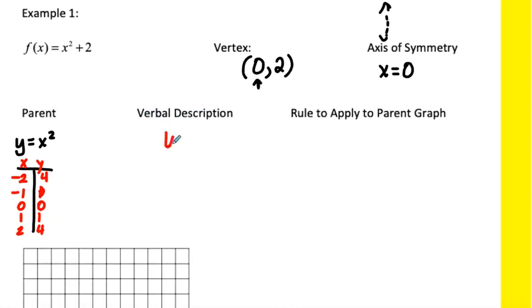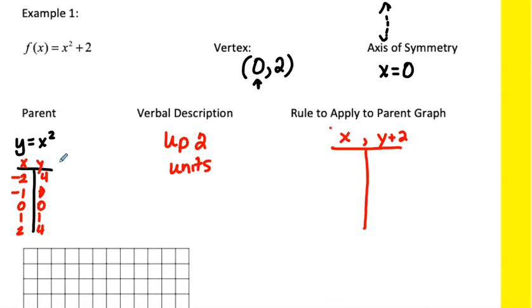It's moving up 2 units. If it's moving up 2 units, it's affecting the y. So one way to do this is to write a rule that you can apply to the parent function. My x's will remain the same, but to all of my y's I'm going to add 2, and that would be my rule, (x, y plus 2).